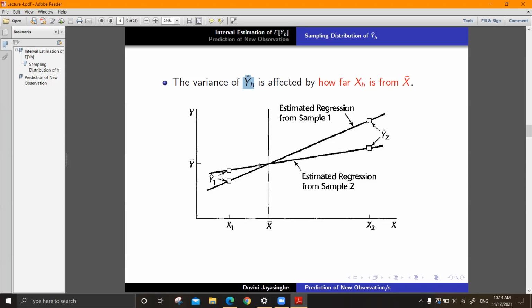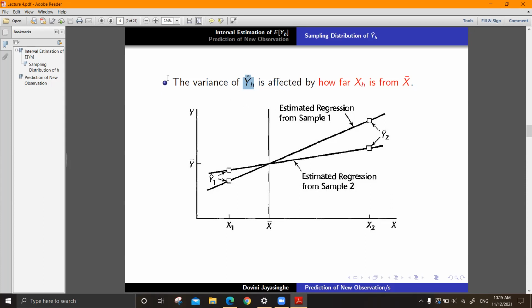When this particular point keeps on going far away from the constant X bar, the variability increases. Makes sense, right? The gap between these two is less than the gap between these two, and this is far away from x bar. When it gets closer to x bar, the variance is very small.